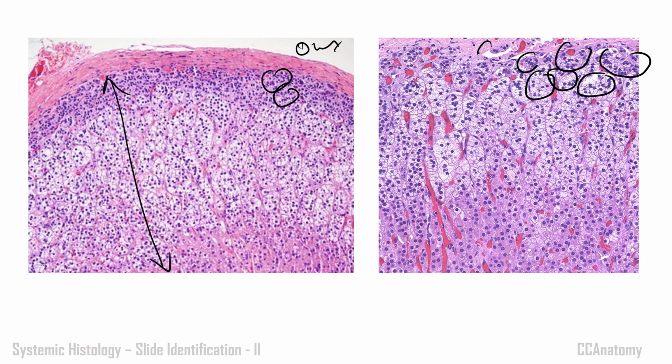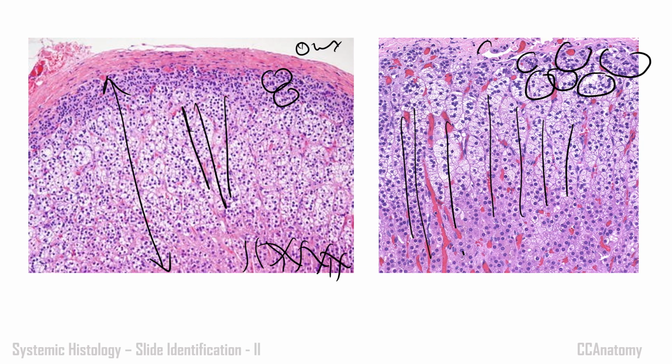But in the middle it is arranged in a straight fashion. Can you appreciate here? This is arranged in a straight fashion. If you see the inner aspect towards the medulla, it is reticular in nature. So this is the zona glomerulosa, zona fasciculata, zona reticularis.